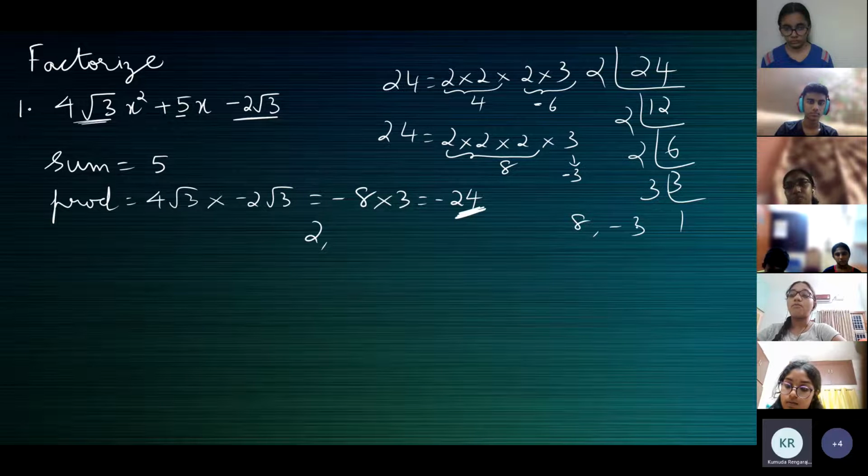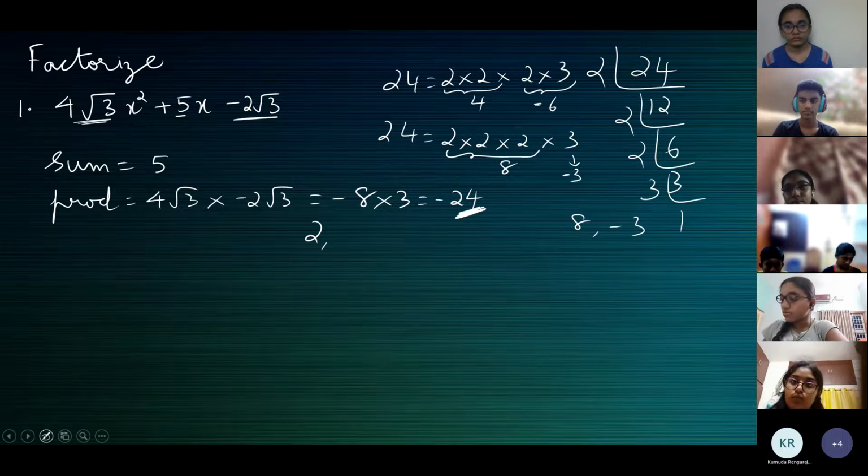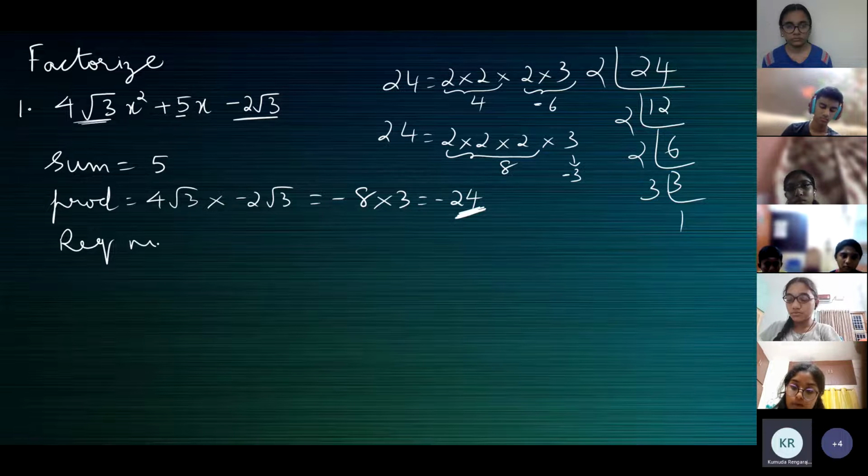When you multiply 8 and -3, you will get the product as -24, and 8 and -3 gives the sum +5. So the required numbers are 8 and -3.